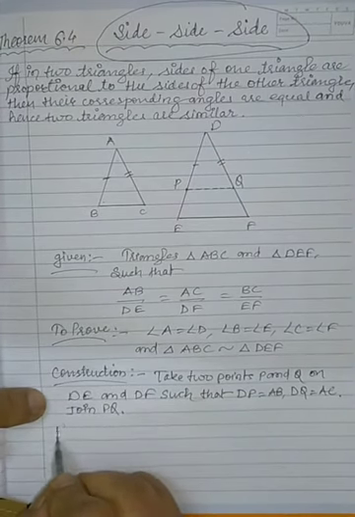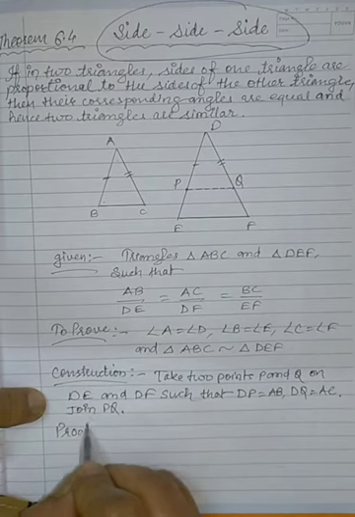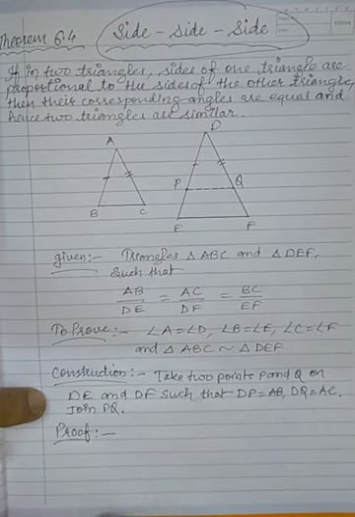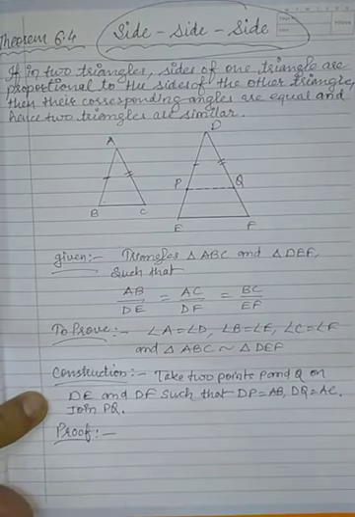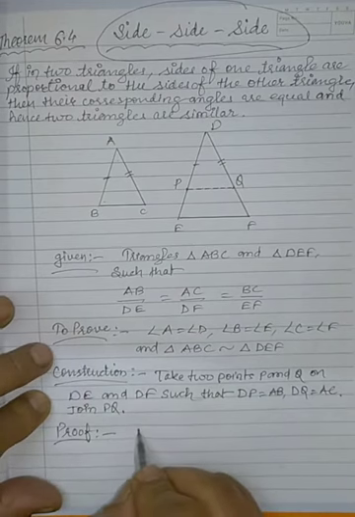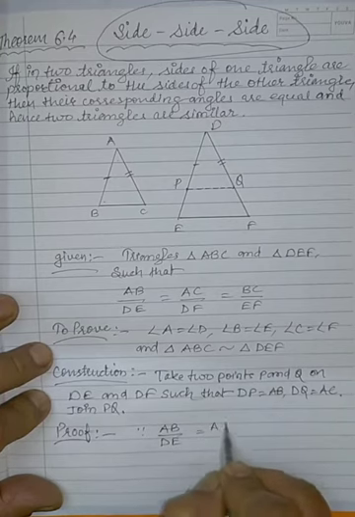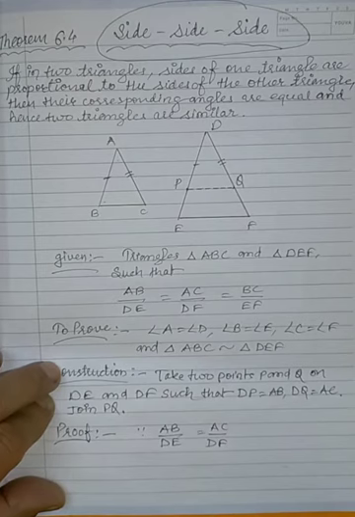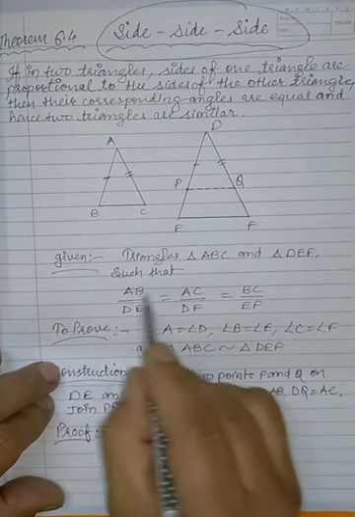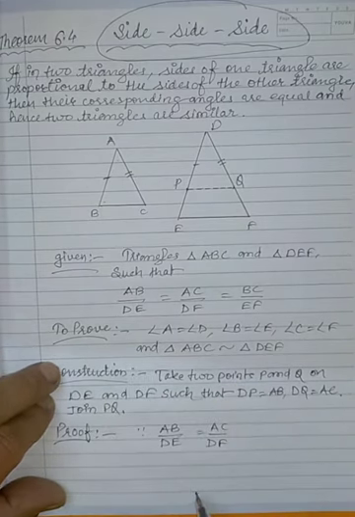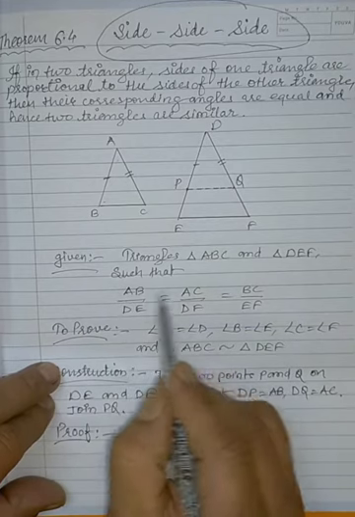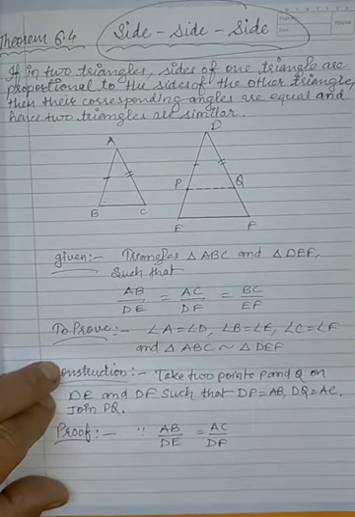Let's start the proof. Since AB upon DE is equal to AC upon DF, we are given three relations, so I am using these two.